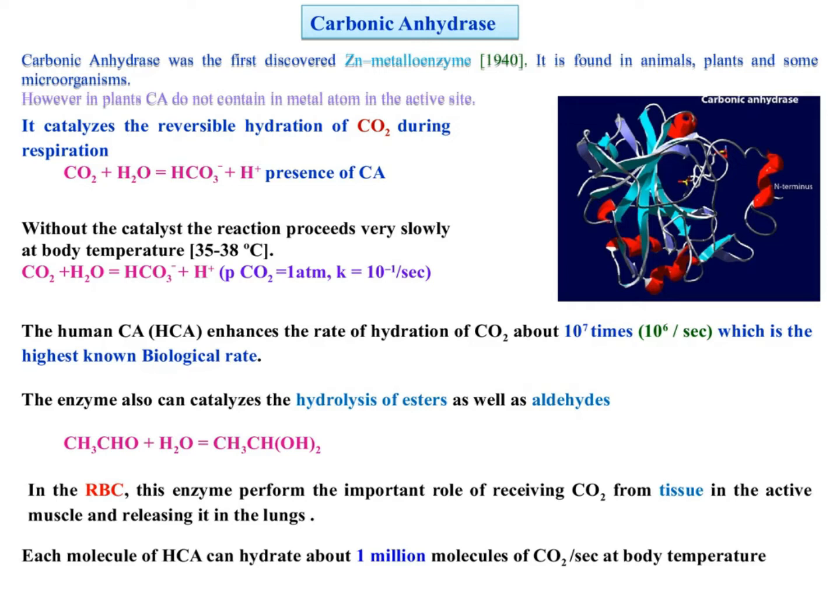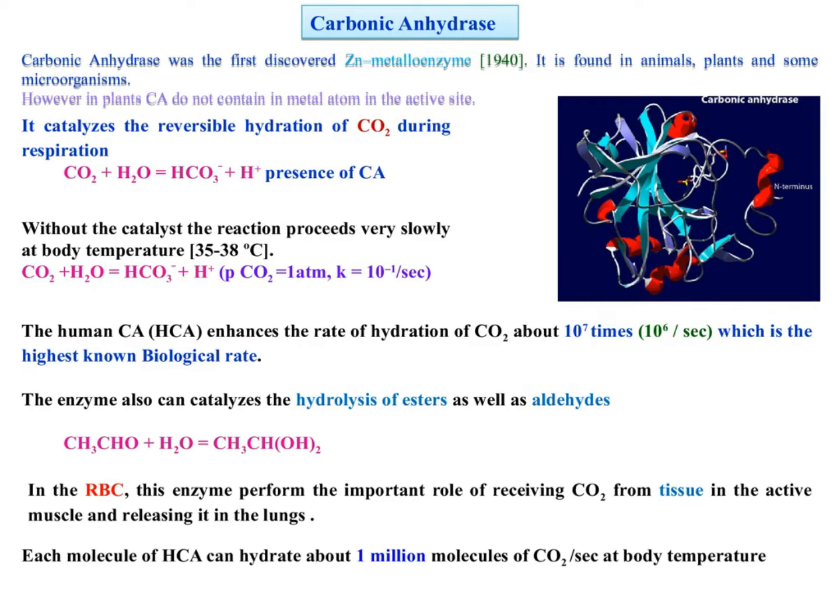This is the cartoon diagram of carbonic anhydrase, where the amino acids as well as the active sites are shown. Carbonic anhydrase was the first discovered zinc metalloenzyme, around 1940. It is found in animals, plants, and some microorganisms. Another important fact: carbonic anhydrase present in plants does not contain any metal ion in its active site.